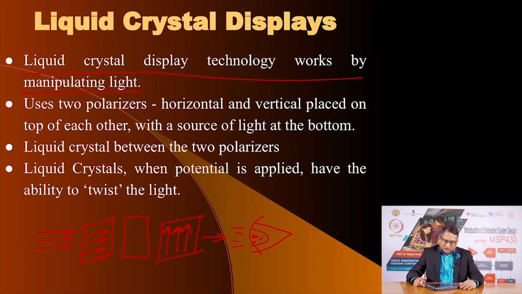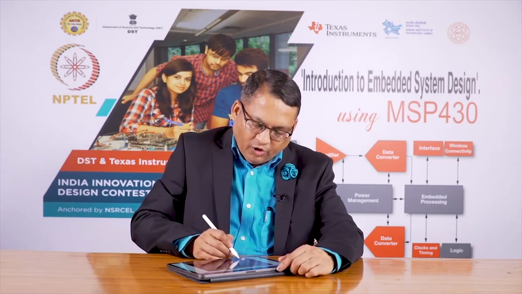Now, how does it work? If the two polarizers polarize the light in such a way that one is polarizing it in the horizontal direction and the other offers polarization in the vertical direction, no light from the source would reach the human eye.